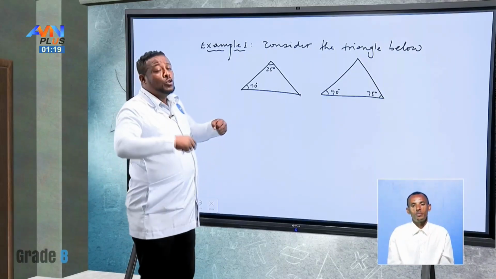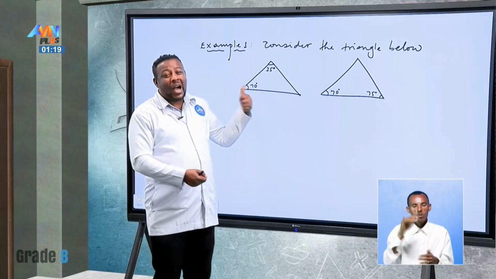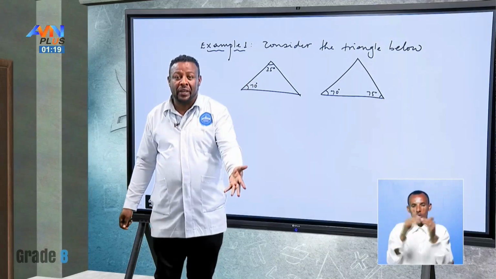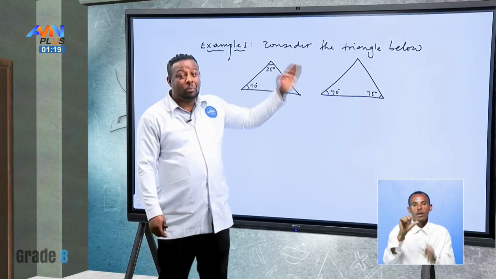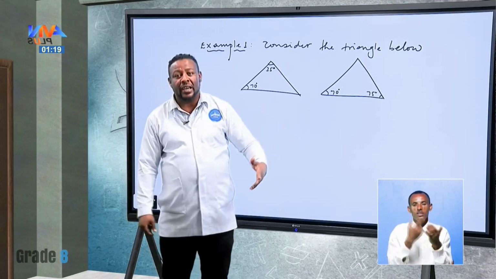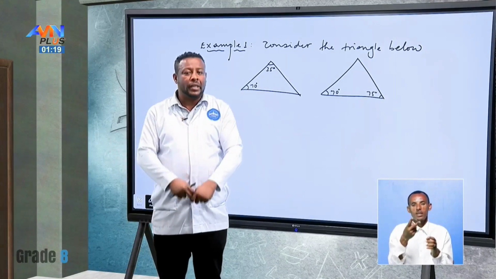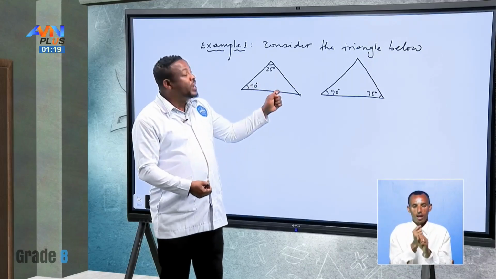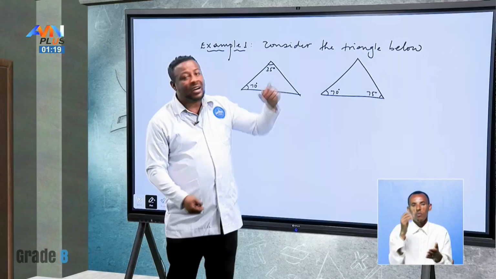You all know that the sum of the interior angles of a triangle is 180 degrees, right? Before you directly compare these two triangles, you need to check the third angles and try to find two congruent angles.